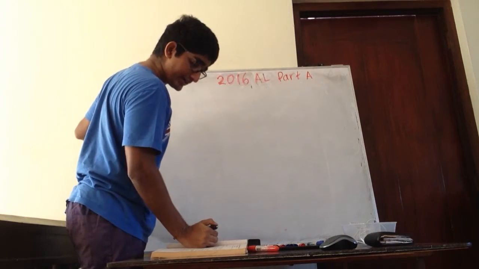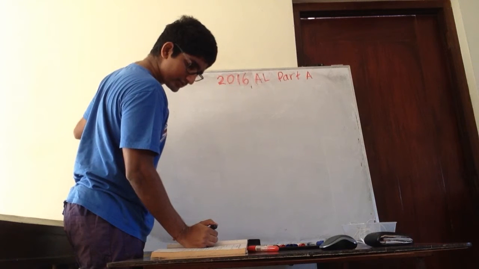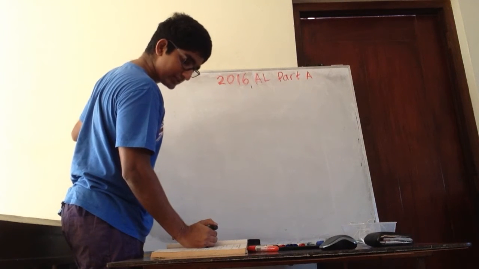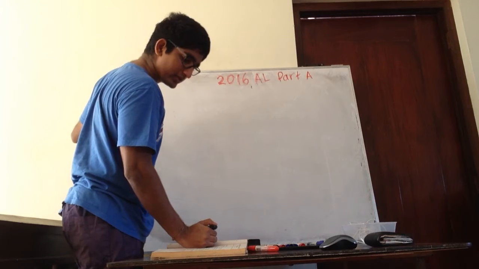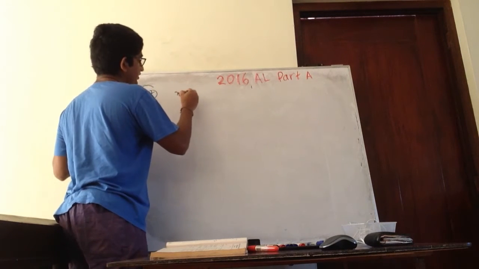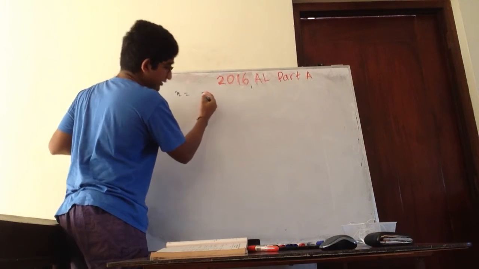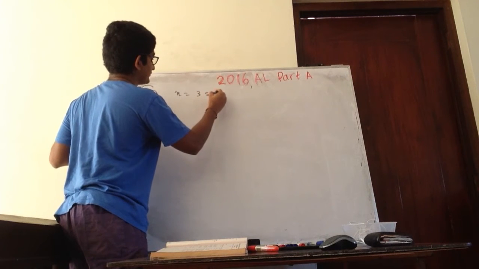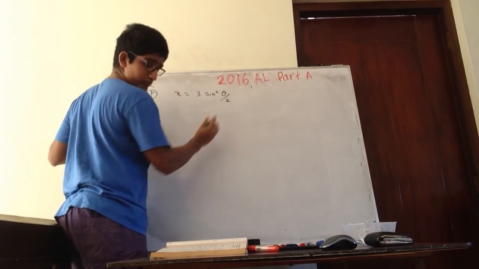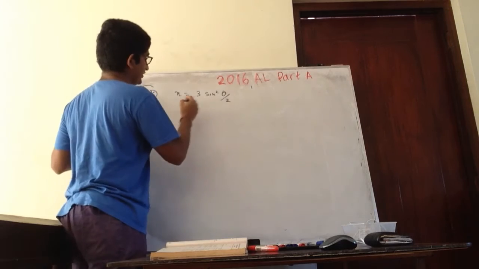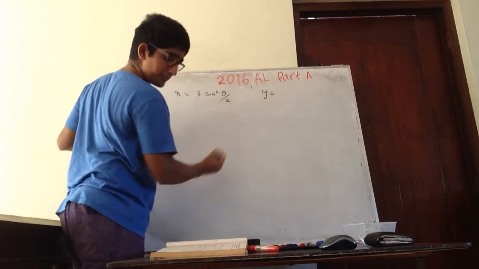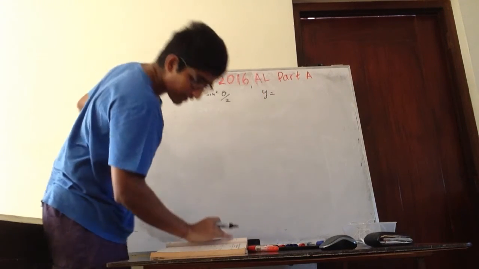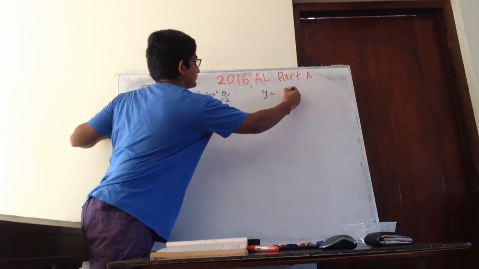They say a curve C is given by the parametric equation x equals 3 sine square theta over 2 and y equals sine cube theta.